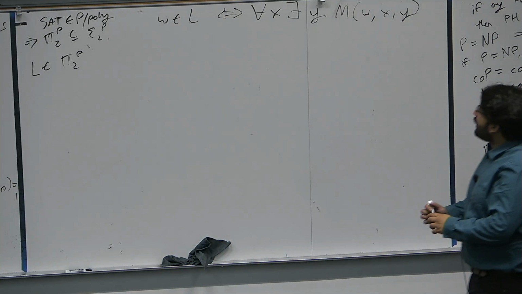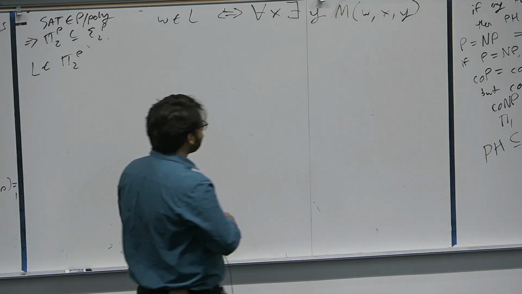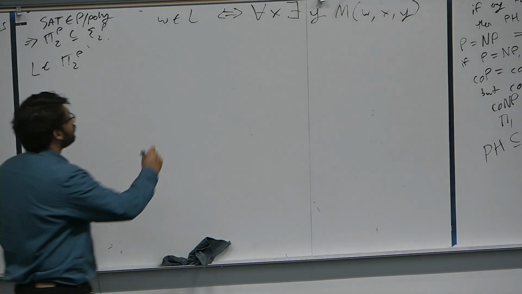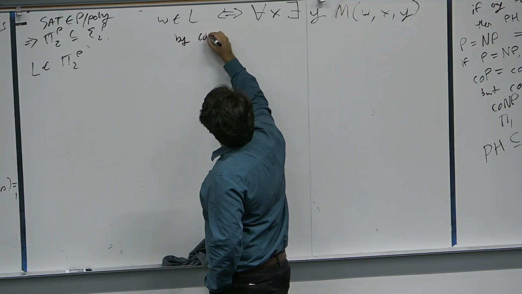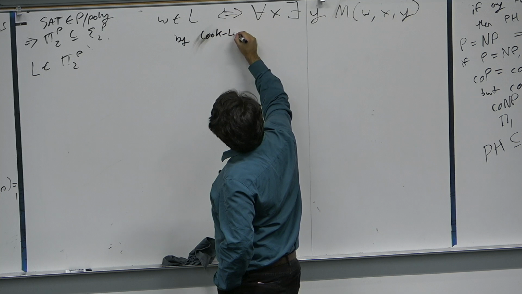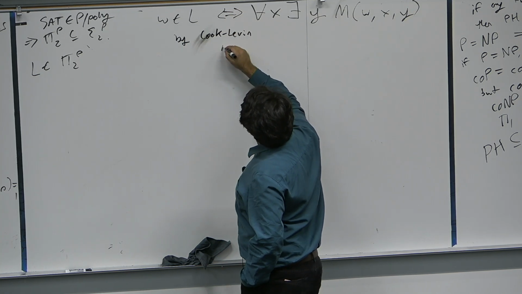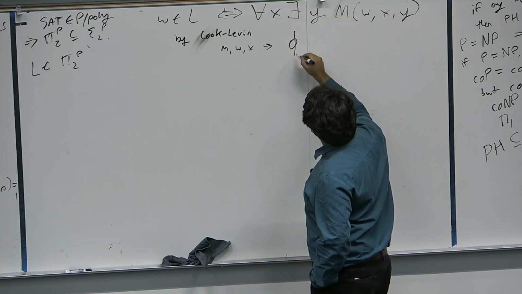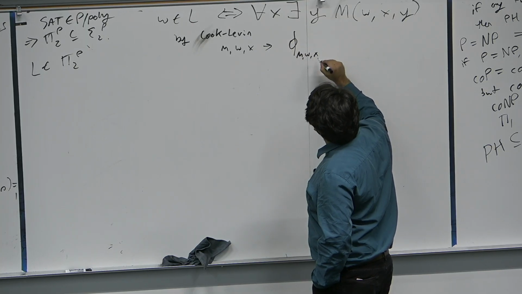We know that by the Cook-Levin theorem, we can convert the machine M into a CNF, right? So, by Cook-Levin, we can convert M, W, and X into some CNF phi M comma W comma X, right?